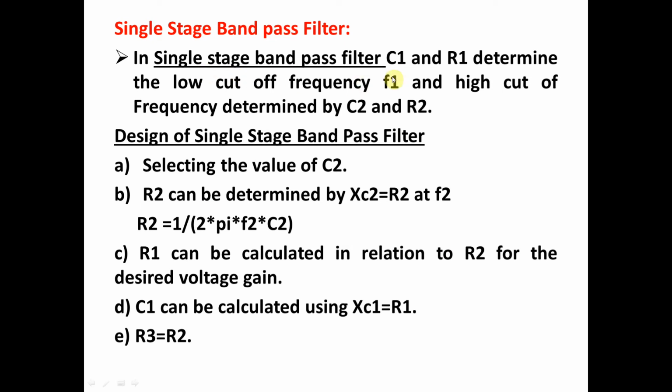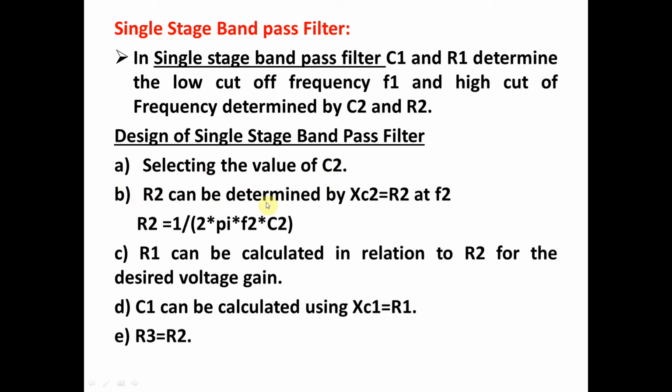In single stage bandpass filter, C1 and R1 determine the low cutoff frequency F1, and the high cutoff frequency is determined by C2 and R2. The design for single stage bandpass filter is: A. Selecting the value of C2.